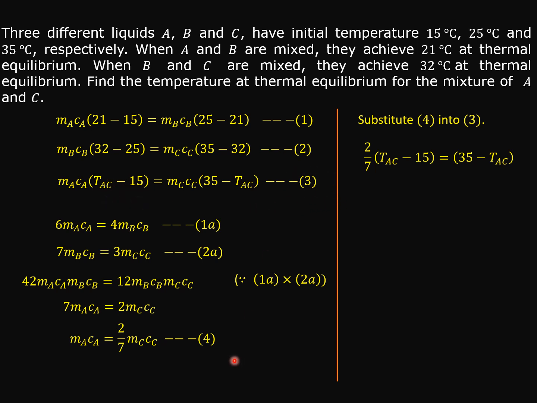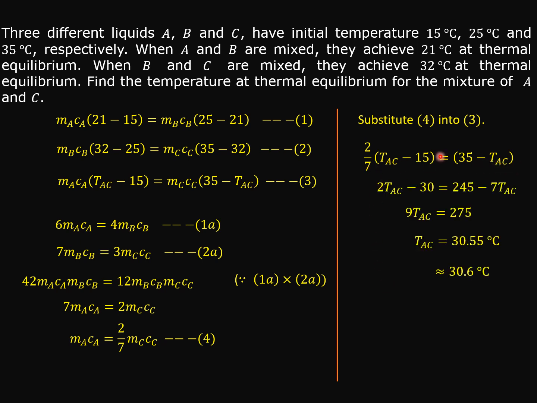So we substitute equation number 4 into equation number 3. This MACA becomes 2 over 7 MCCC, and this MCCC will cancel out with the MCCC at the right hand side of the equality sign. So we will have 2 over 7 times TAC minus 15 equal to 35 minus TAC.